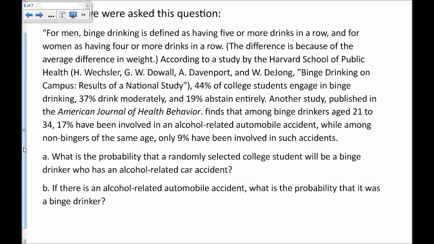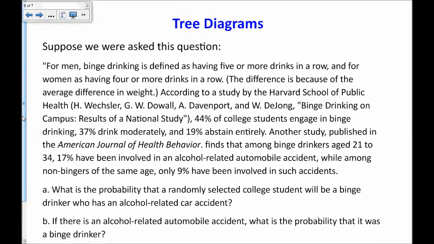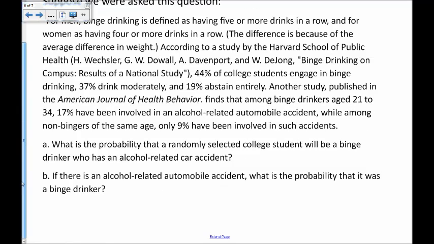Now the way that we organize all of this data is in what's called a tree diagram. I'm hoping that you will be able to see that we're first categorizing the data based on their drinking behavior. And then from there, we're given data based on their drinking behavior, whether or not they have been involved in an alcohol-related automobile accident. So that becomes my tree diagram.